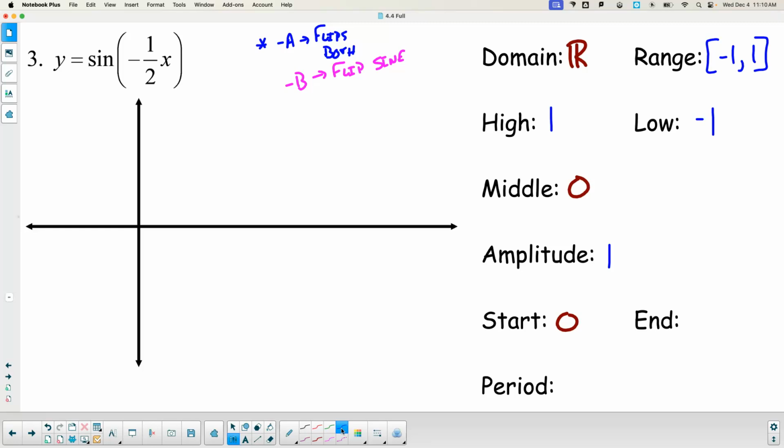What is my period of this one? How did we find period from yesterday? 2 pi divided by b. So my period is going to be 2 pi divided by the absolute value of b, which is 1/2. 2 pi divided by 1/2 is 4 pi.